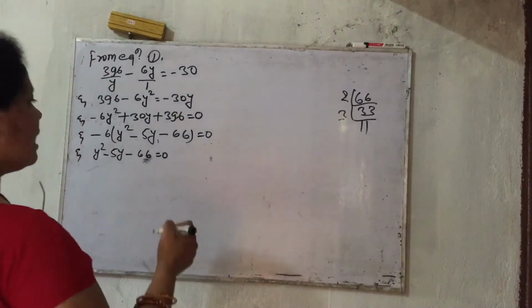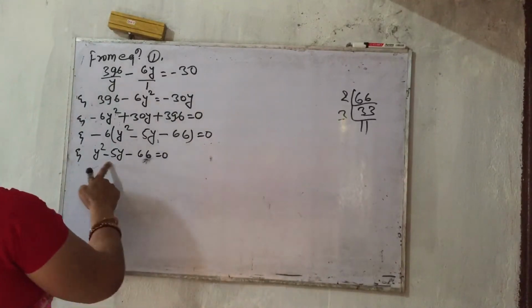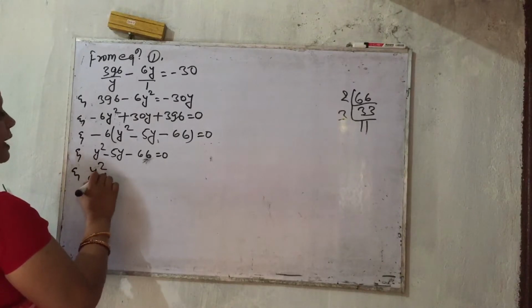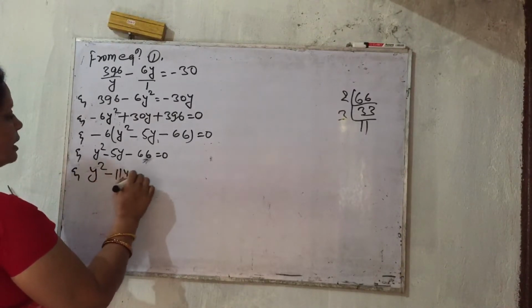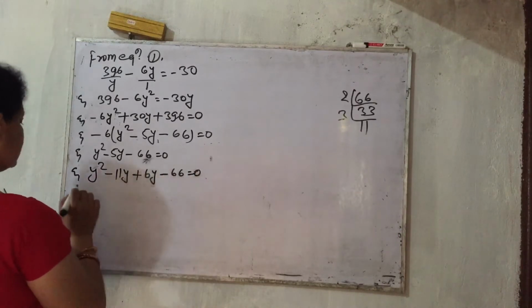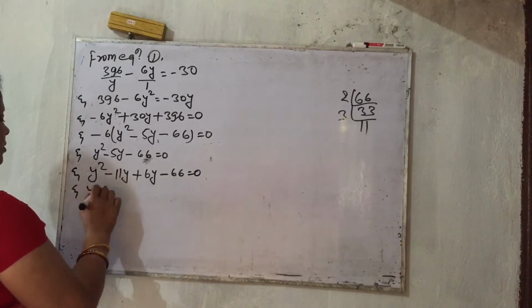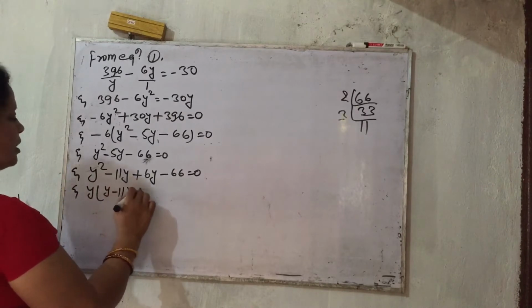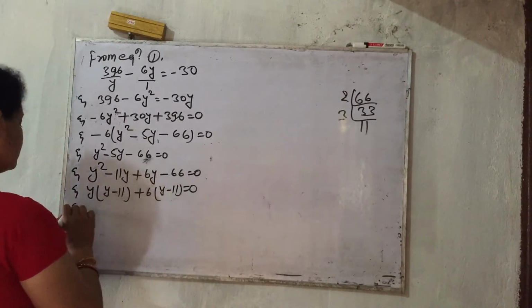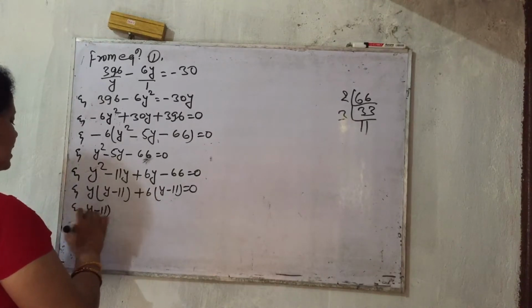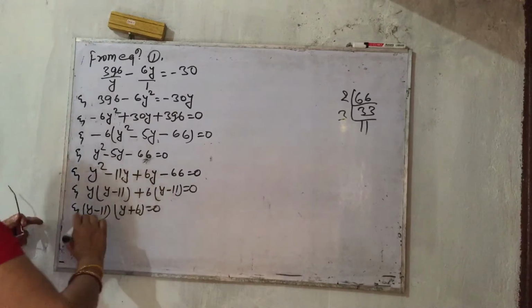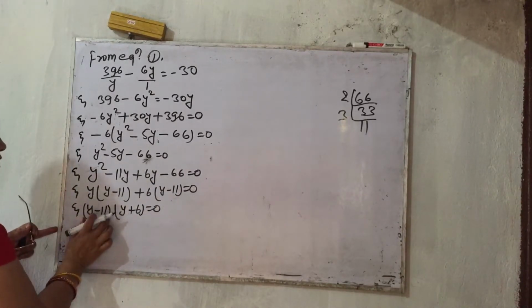So we can write down Y square minus 11Y plus 6Y minus 66 equal to 0, or Y is common, Y minus 11 plus 6 Y minus 11 equal to 0, or Y minus 11 and Y plus 6 equal to 0.